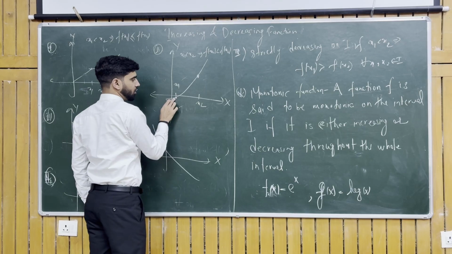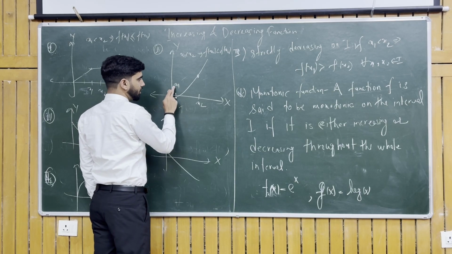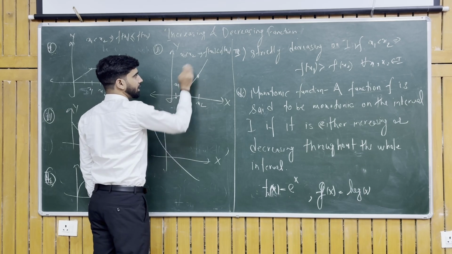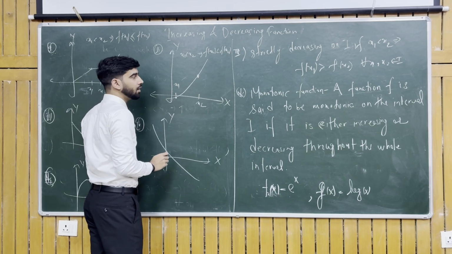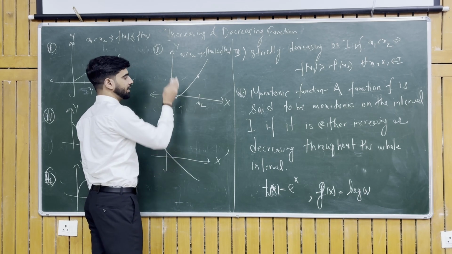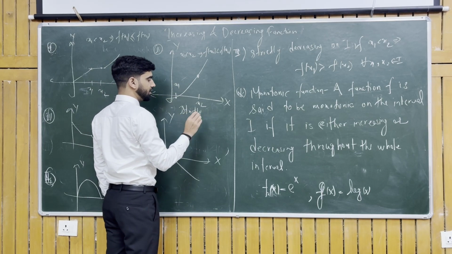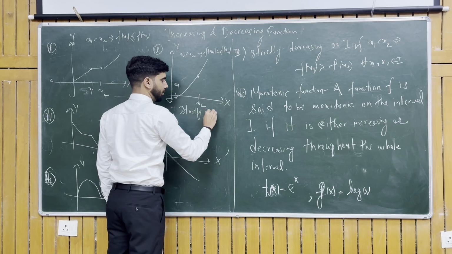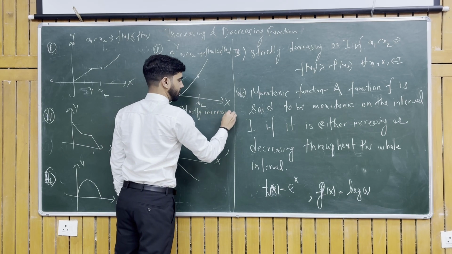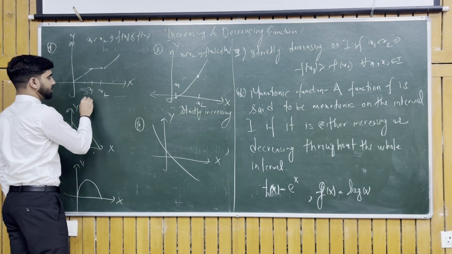This holds for any x1 and x2 in the domain of the function. We know that this is the condition of the strictly increasing function. Sorry, not decreasing, strictly increasing, and this is increasing.